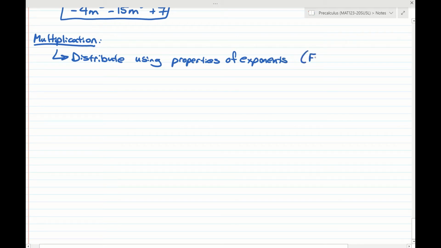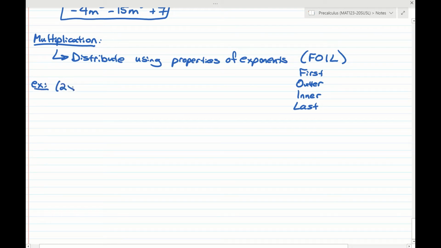Some teachers use the word FOIL or the acronym FOIL. FOIL stands for first, outer, inner, and last. That's a way to distribute binomials. So let's take a look at some examples.